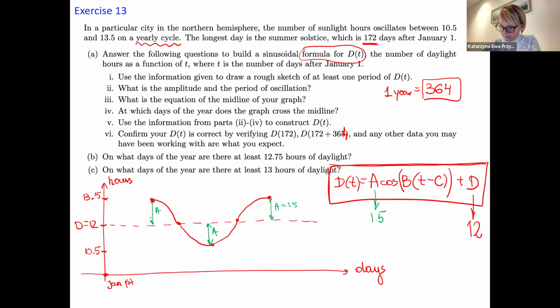Now please tell me this number. How many days do we have until that maximum? Where is the longest day? Yes, this is 172. It's somewhere in the summer, because when we divide 172 by, let's say each month is 30 days, just roughly, how many times does 30 go into 172? 5, almost 6.